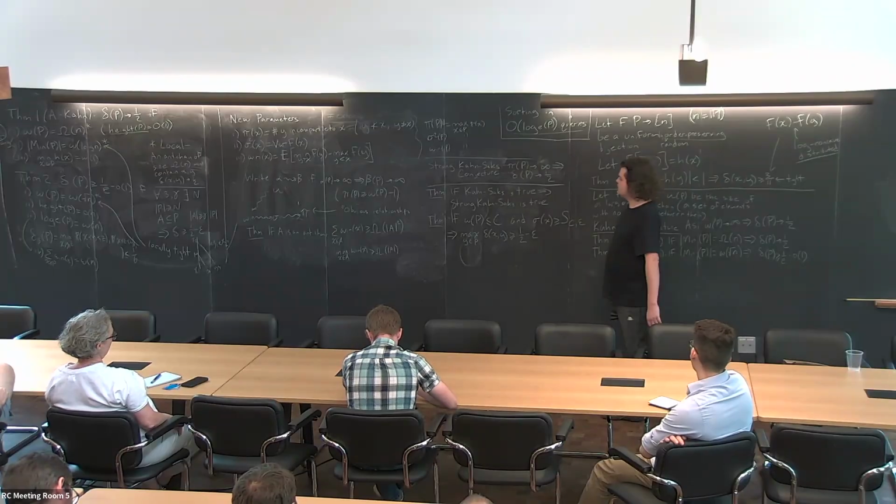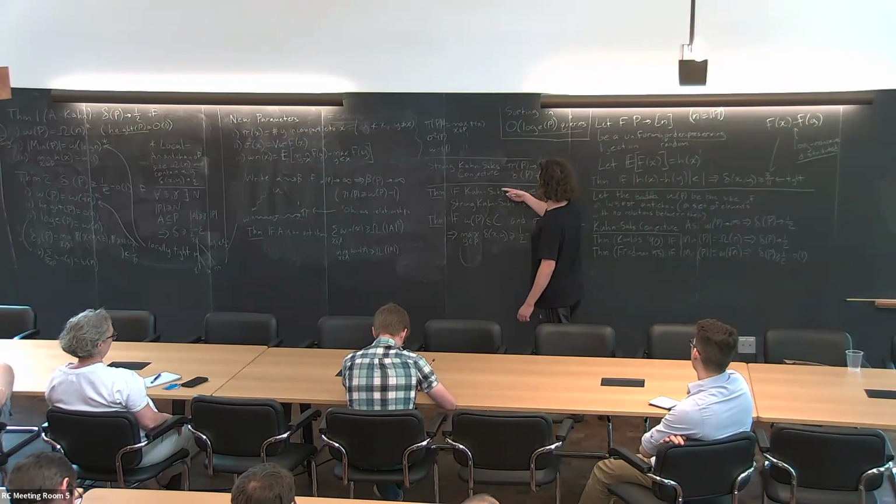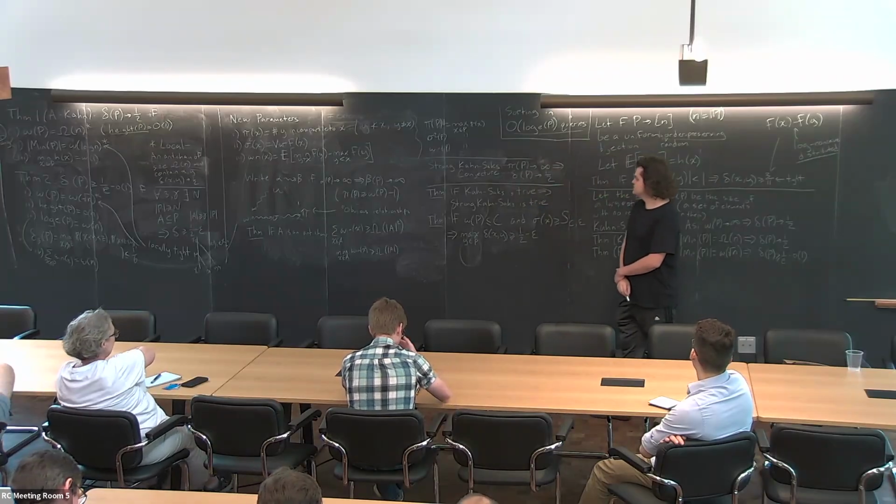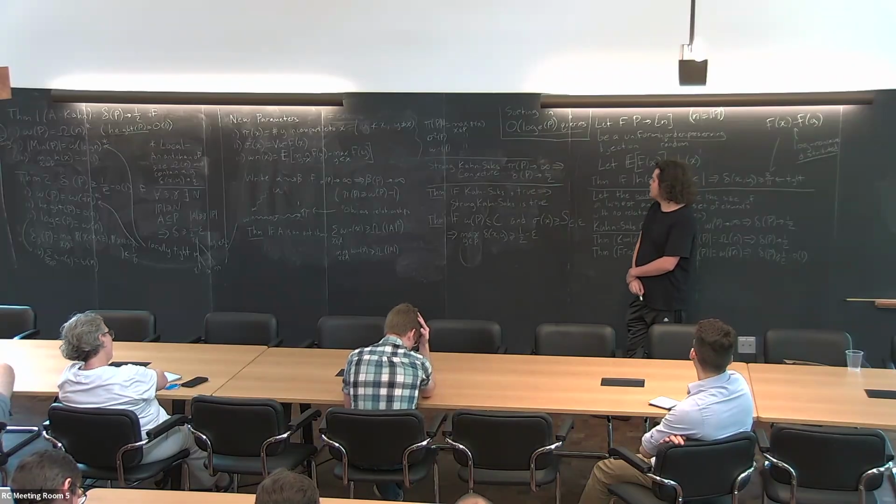So this together with Kahn-Saks tells us that if sigma of P goes to infinity, then delta of P goes to 1/2.